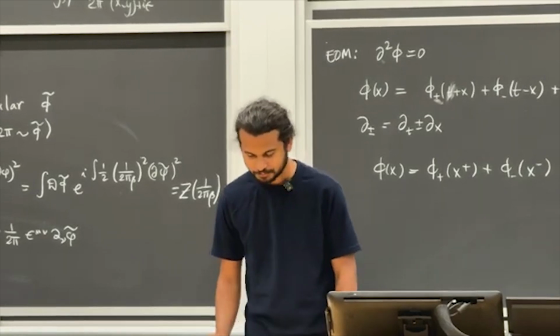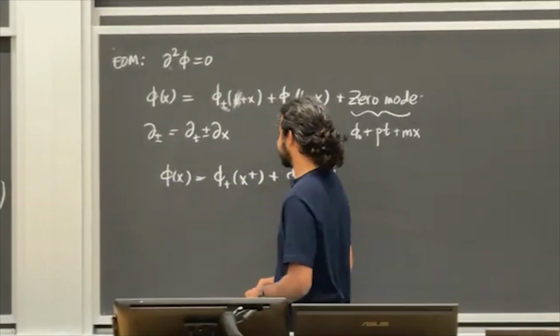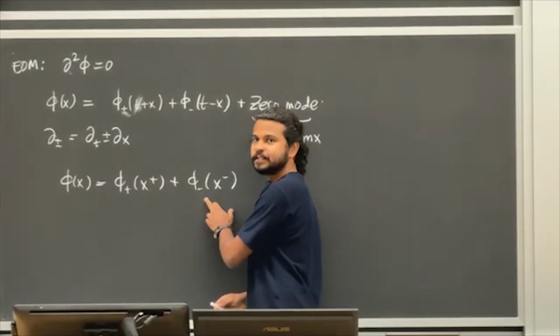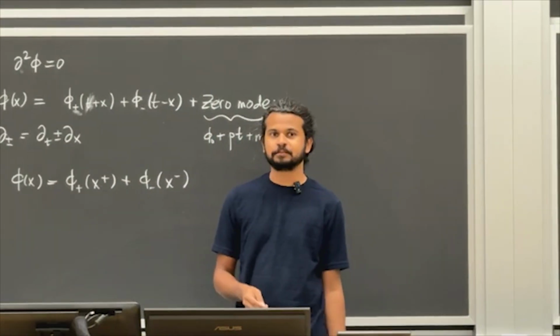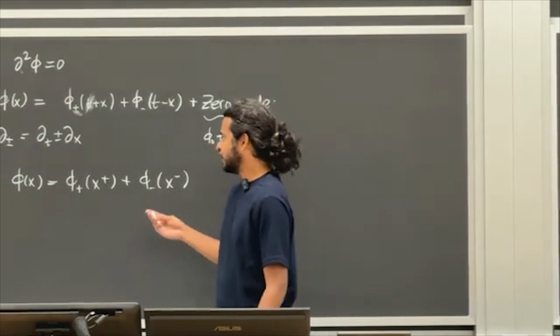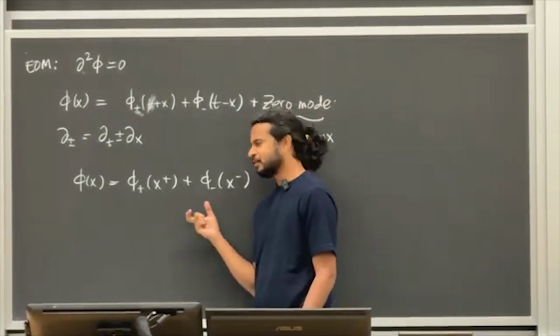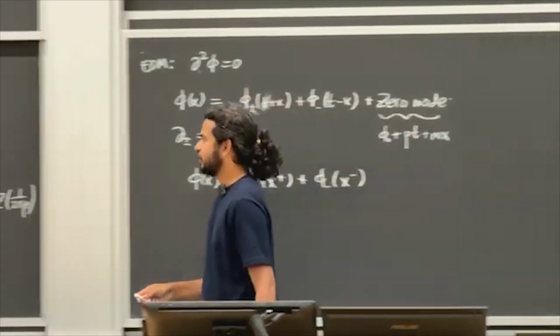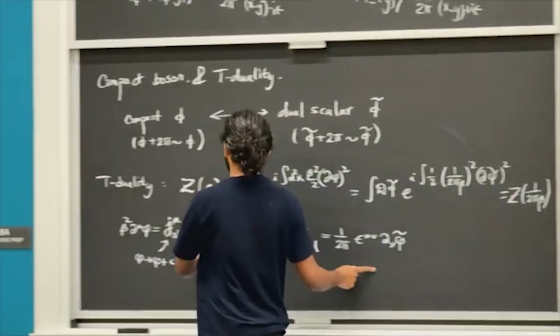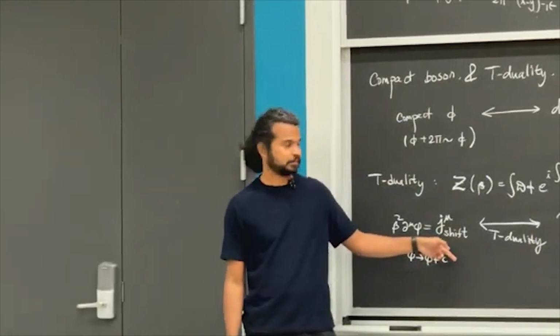Right. So we would like to write phi plus and phi minus in terms of the field and the conjugate momentum. For that, one equation is not enough. We have two things to solve for. We need one more equation. That's where we are going to use the dual field.